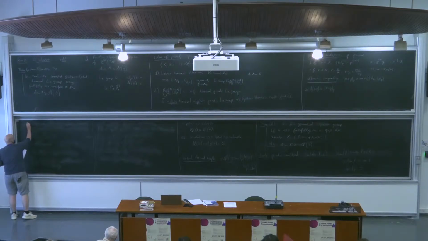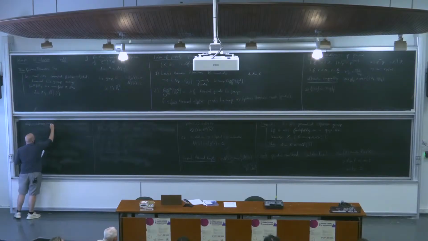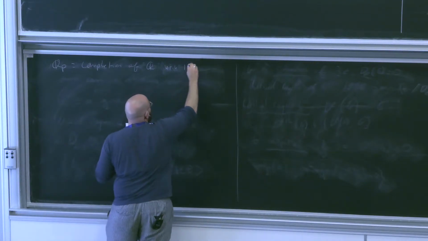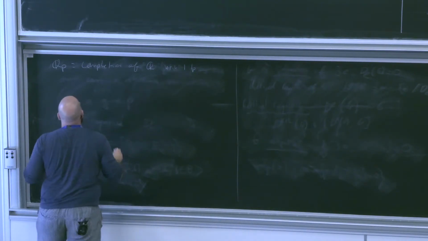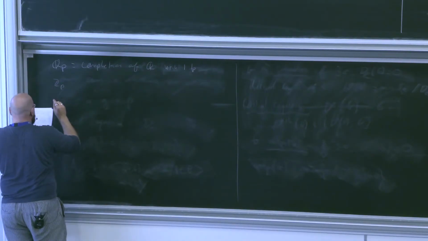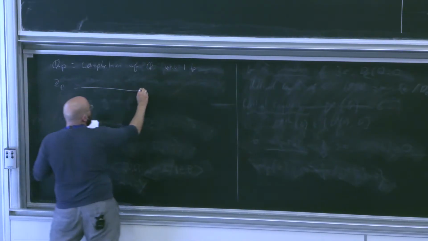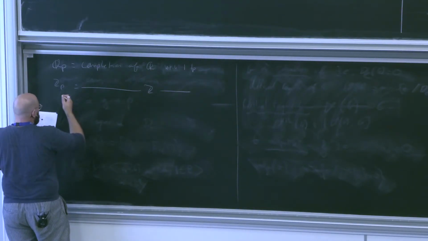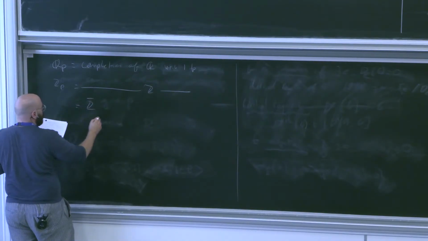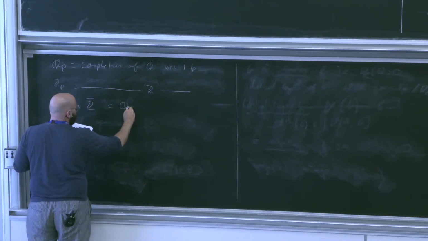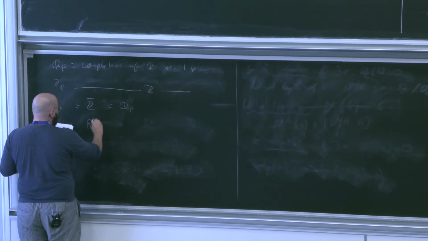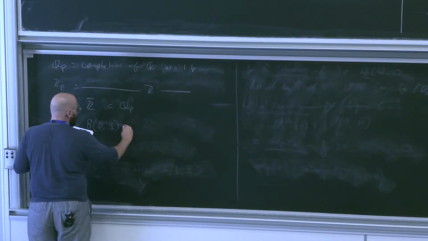Okay, so Qp is the completion of Q with respect to the absolute value. Zp is also the completion of Z with respect to the absolute value. It's also the closure of the integers inside Qp. And as we saw, it's also the closed ball of center 0 and radius 1 inside Qp.